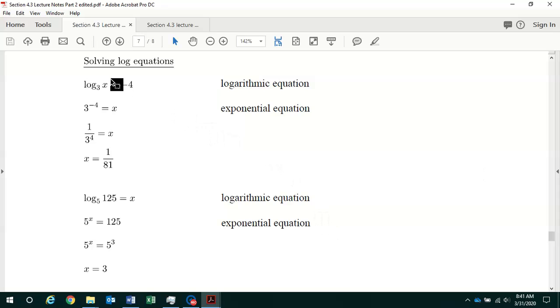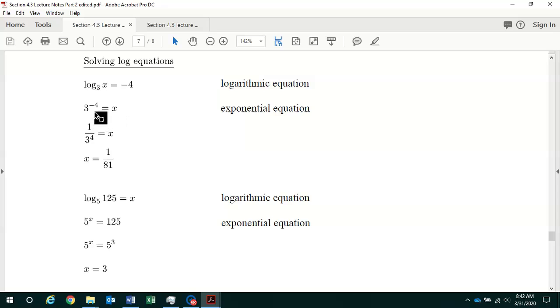So in this first example you're given log base 3 of x is equal to -4. What is x? Well, remember 3 is the base, -4 is the exponent, and so the corresponding exponential equation for this logarithmic equation is 3 raised to the -4th power is equal to x.